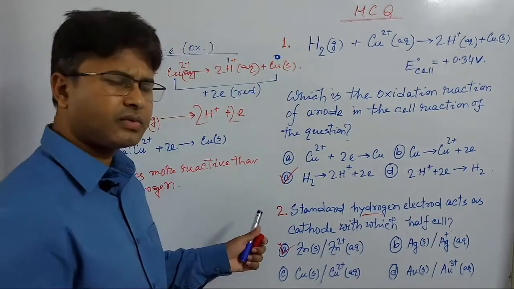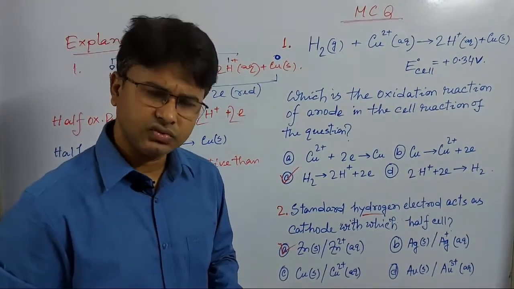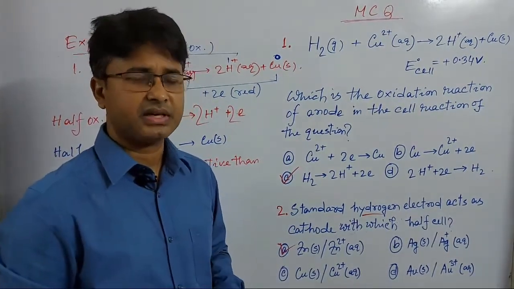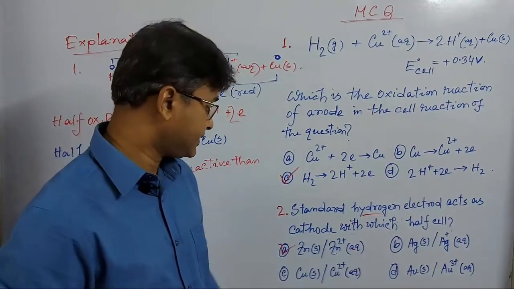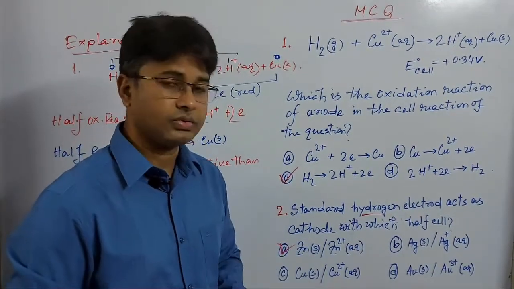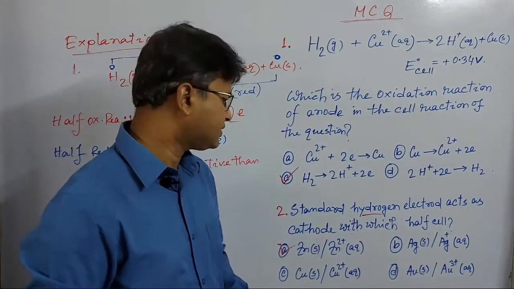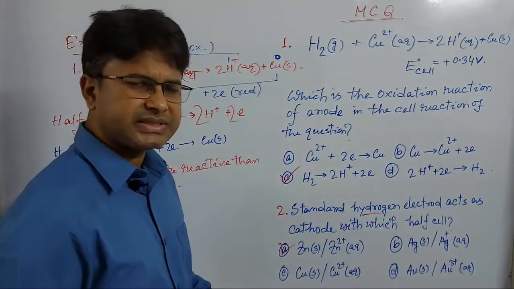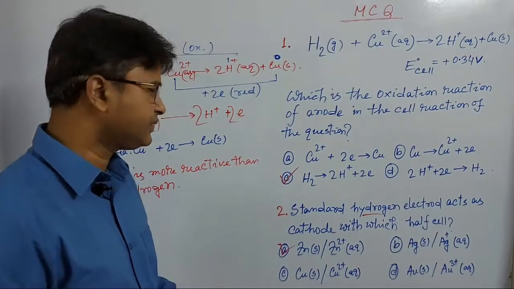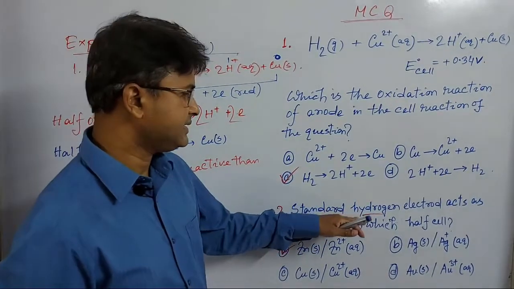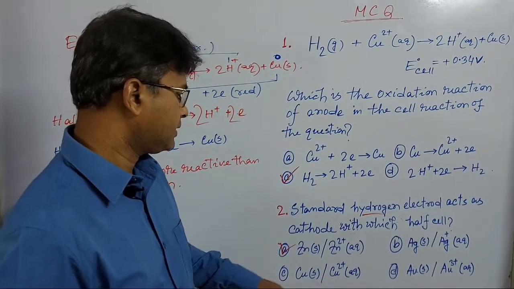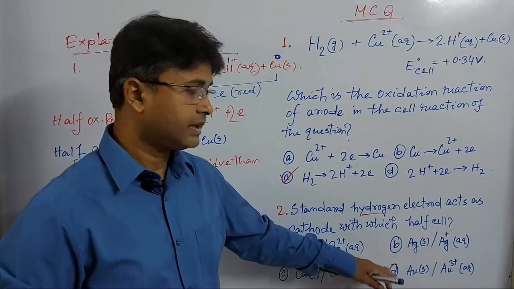But now dear students, you may ask me, sir, then in case of silver, copper and gold, what will happen? Actually, in the reactivity series, you will see that the position of hydrogen is above copper, silver and then gold.